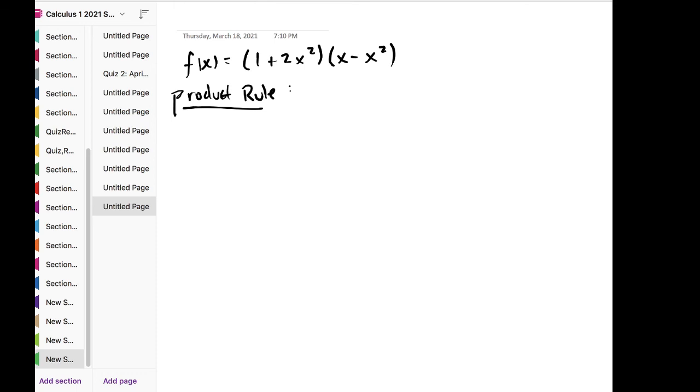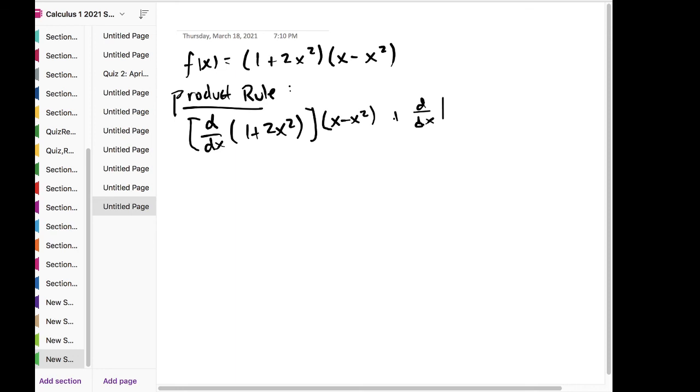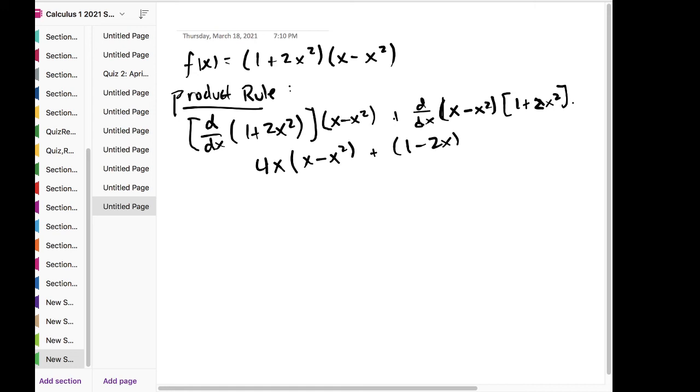Okay, we'll do that. So d/dx of 1 plus 2x squared times x minus x squared, plus d/dx of x minus x squared times 1 plus 2x squared. Okay, this is 4x times x minus x squared, and then this is 1 minus 2x times 1 plus 2x squared.